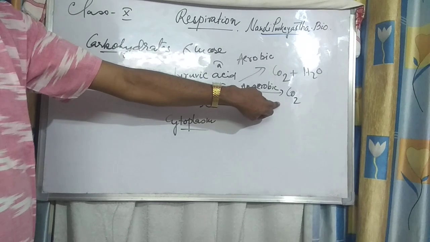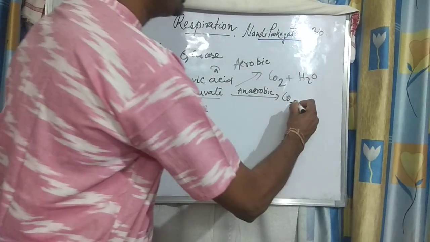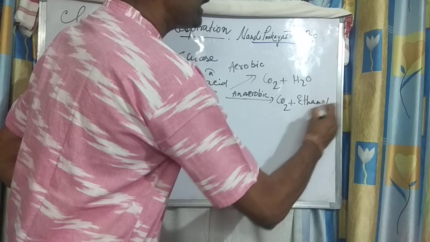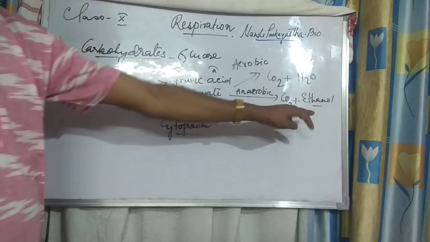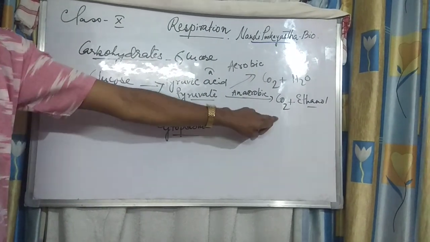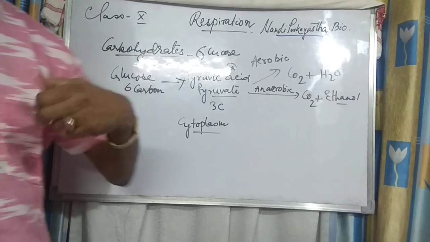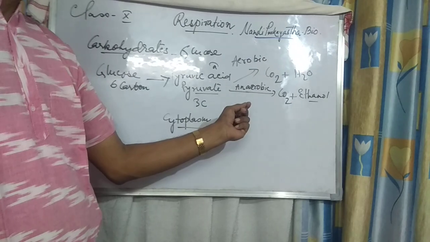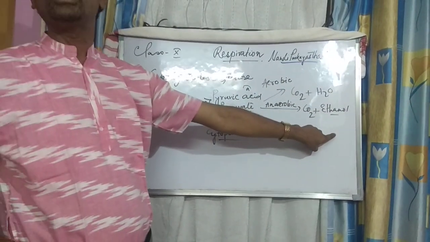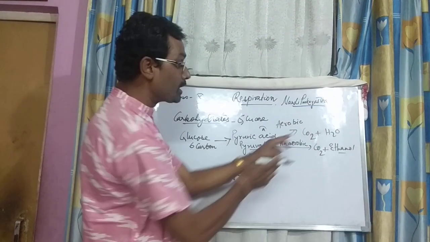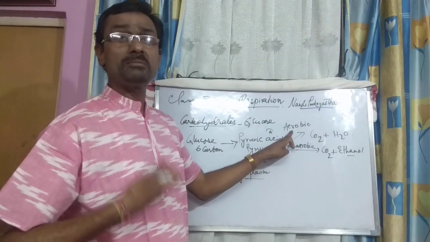But here, you are getting ethanol, or you can say alcohol. We get this in bacteria and some yeast, where they go for fermentation. Fermentation is the production of ethanol or alcohol. It comes under the anaerobic process. We go for the anaerobic process of respiration.